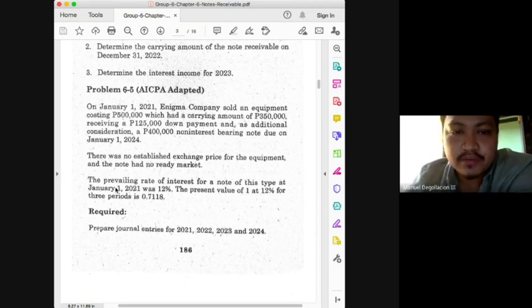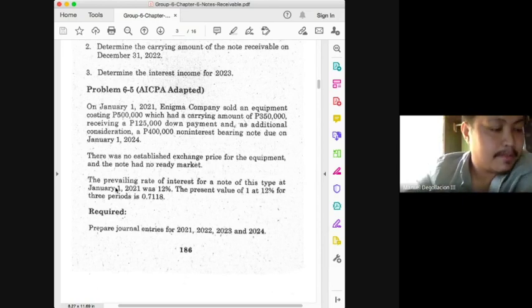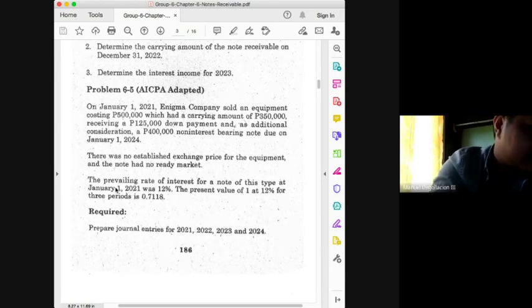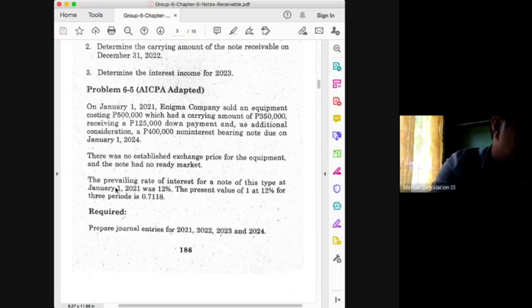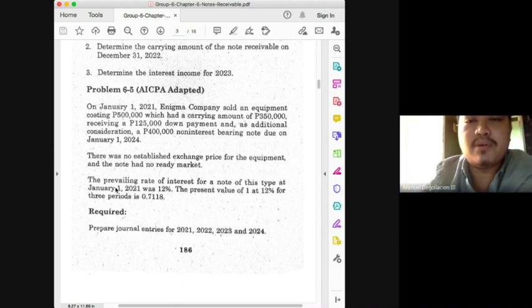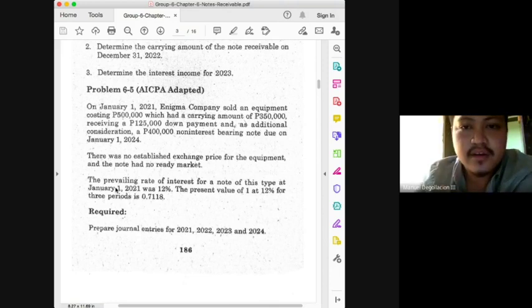The requirements here are to prepare the journal entries, class. So definitely number one would be to recognize the sale. And this is what I want to tell you, class.